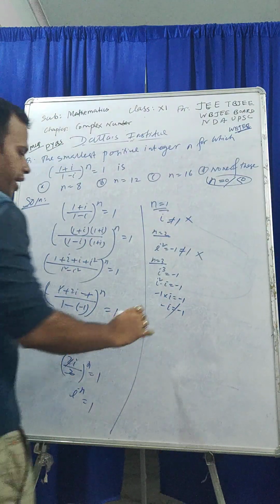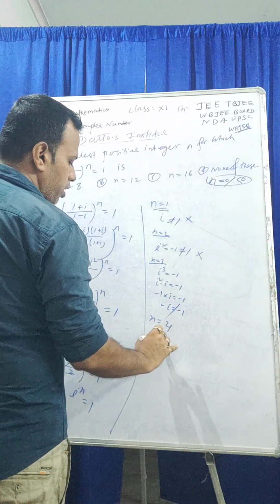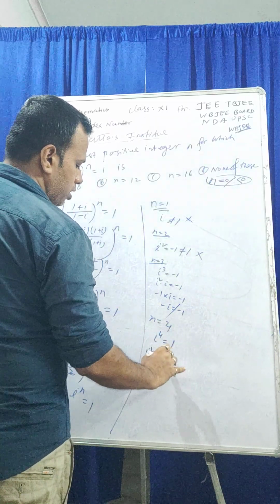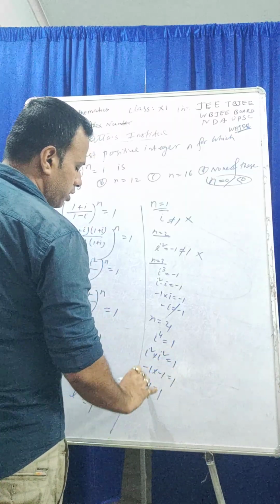So next take n equal to 4. If I take 4, it will be i to the power 4 is equal to 1. So i square into i square is equal to 1. So minus 1 into minus 1 is equal to 1, so plus 1 is equal to 1. This is correct.